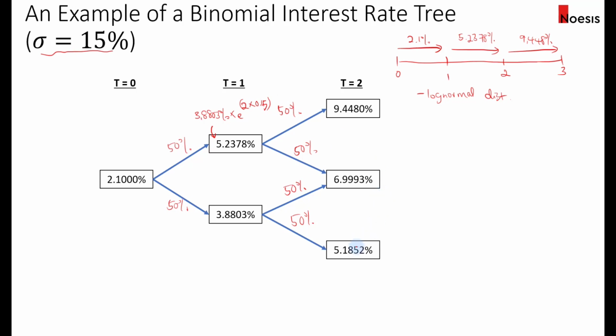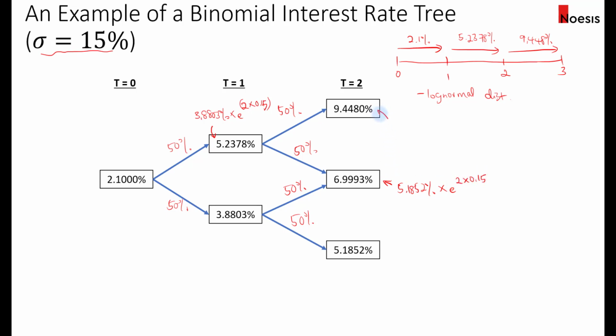And if you know the value in the lower node, which is 5.1852%, then the value in the upper node, which is in the middle here, will be 5.1852% times the exponential of 2 times 0.15.